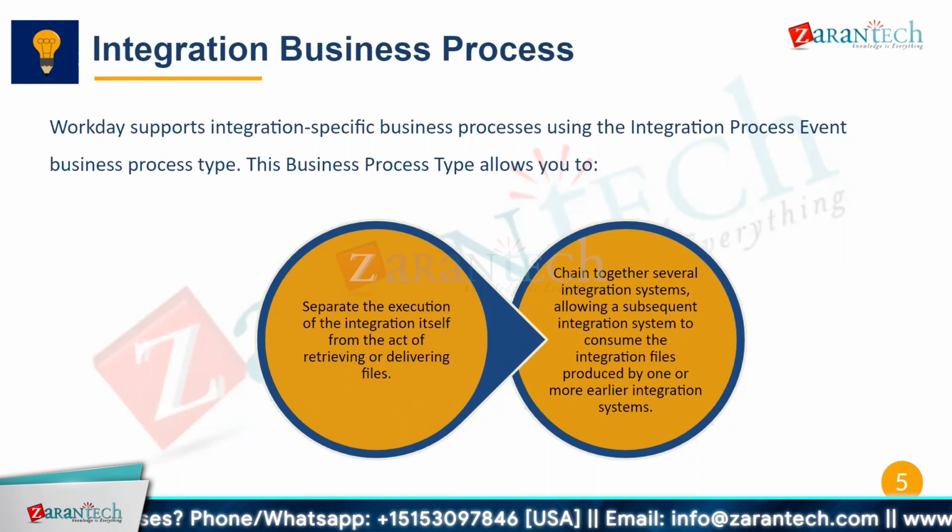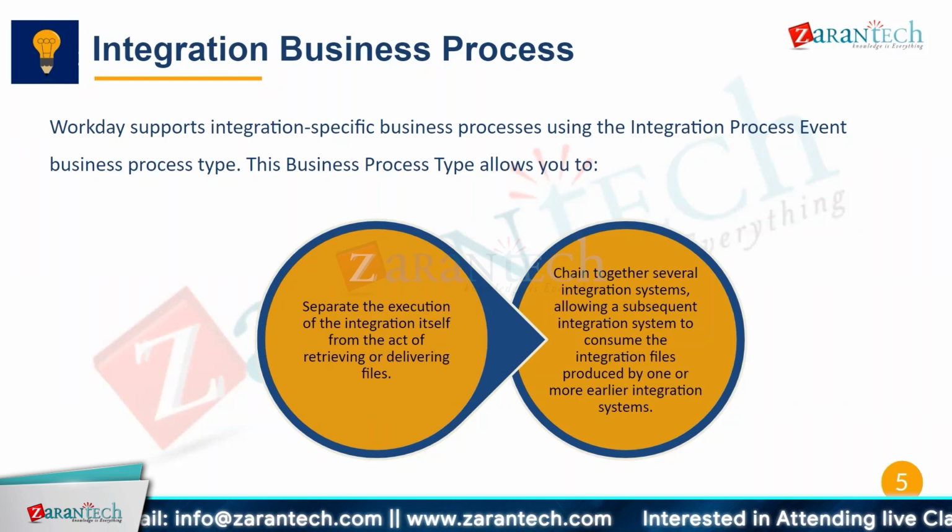So Workday supports integration specific business processes using the integration process event business process type, and the business process type allows you to separate the execution of the integration itself from the act of retrieving or delivering files, and chain together several integration systems, allowing subsequent integration systems to consume the integration files produced by one or more earlier integrations.